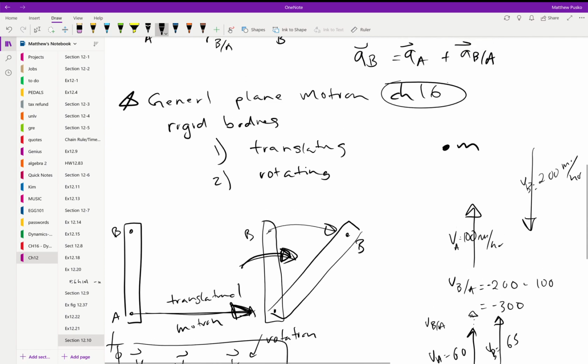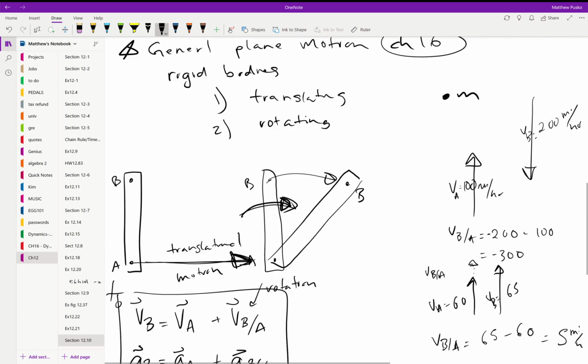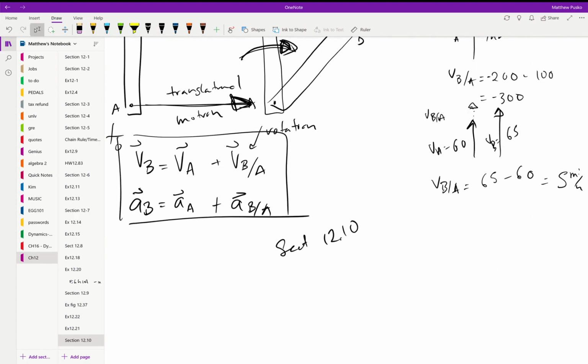I don't think you're going to see much on section 12.10 on any problems really until we get to chapter 16. We start rotating stuff. But it's good to know, right? If all we're talking about is if you're walking 5 miles per hour, someone else is walking 6 miles per hour, their relative velocity compared to you is 1 mile per hour.